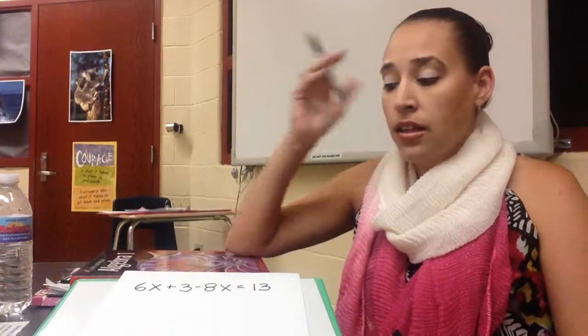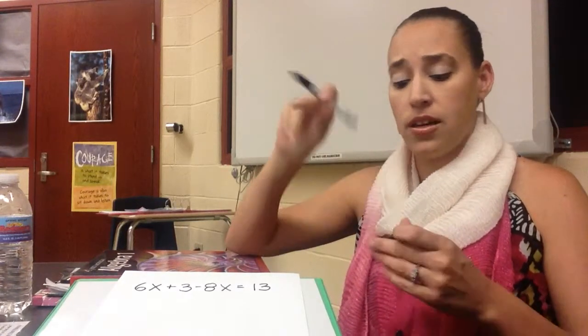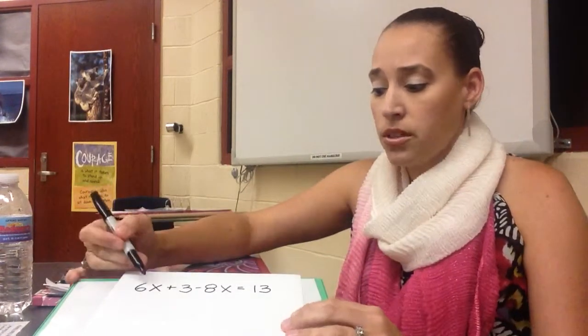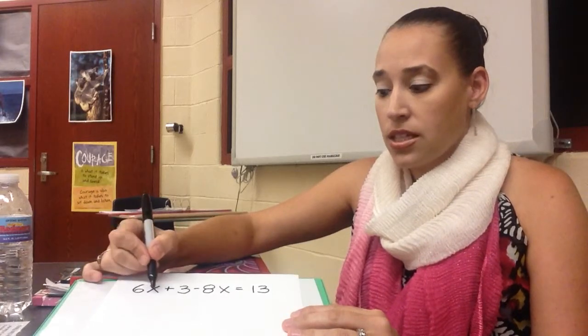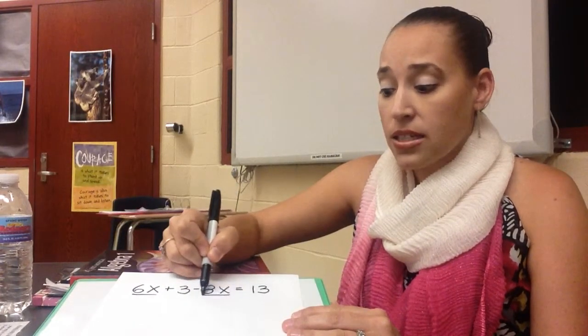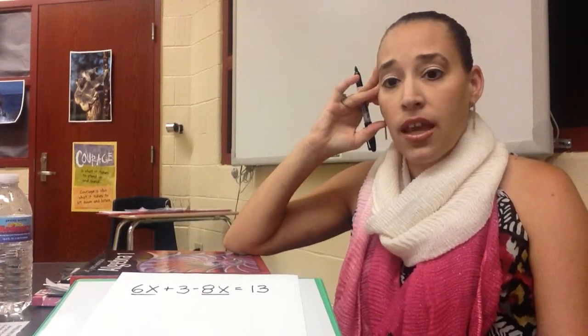With anything like this, the first thing you want to do is combine like terms, because it's going to make your life a lot easier. So I would take the 6x and the 8x and combine them because they're like terms. Now the 8x has a negative in front of it, so the negative goes with that 8x.